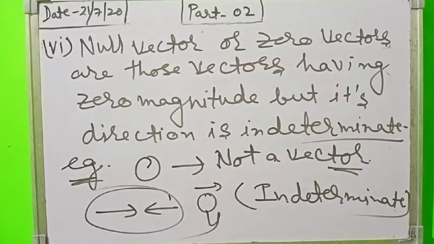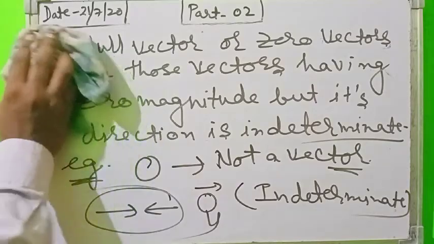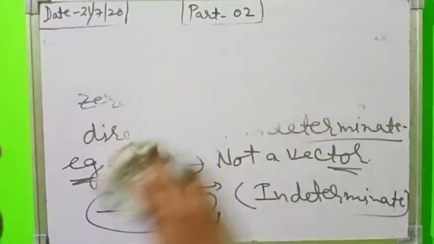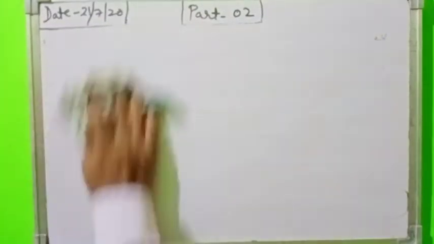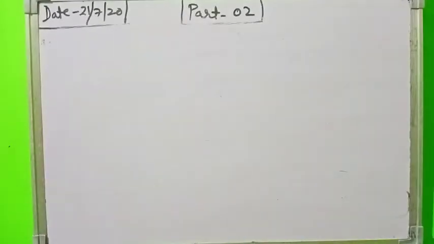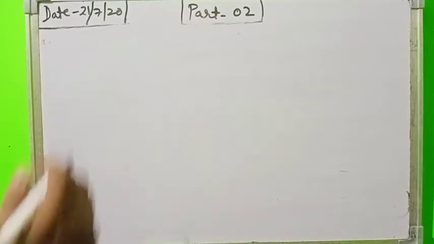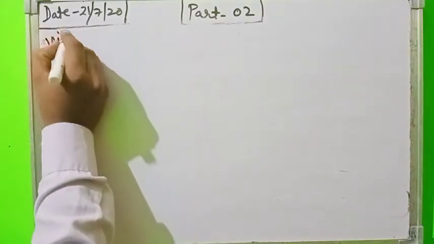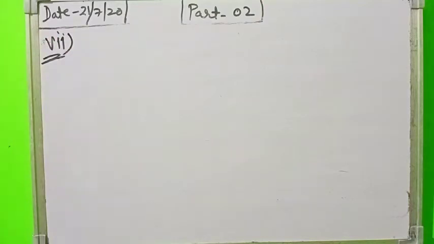Now next is the unit vector. Unit vector means any vector can be represented by a unit vector in its direction.